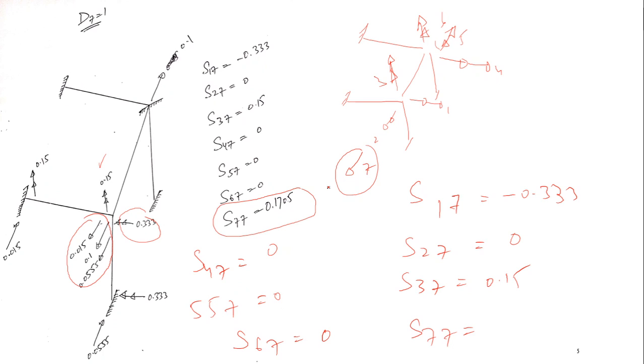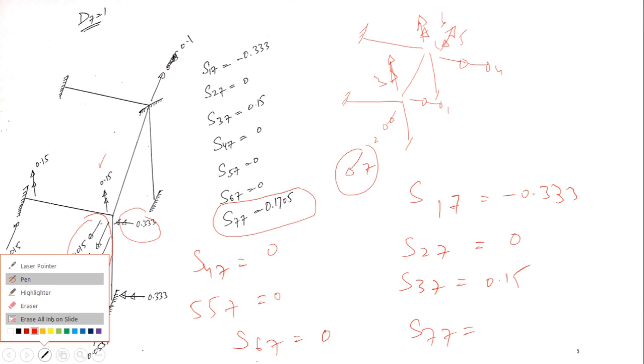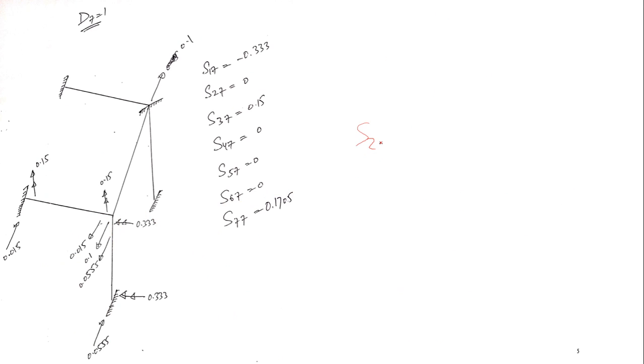So finally I'll get the matrix. One thing should be made sure: this is a symmetric matrix, and in a symmetric matrix S27 would be equal to S72. So anytime you can check your values. S37 is equal to S73, S24 would be equal to S42, S31 would be equal to S13.